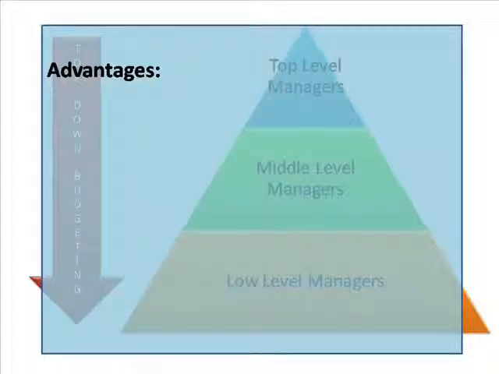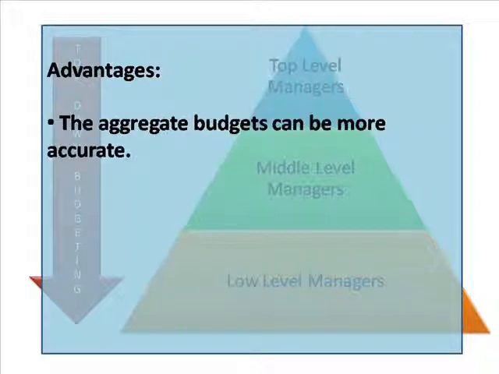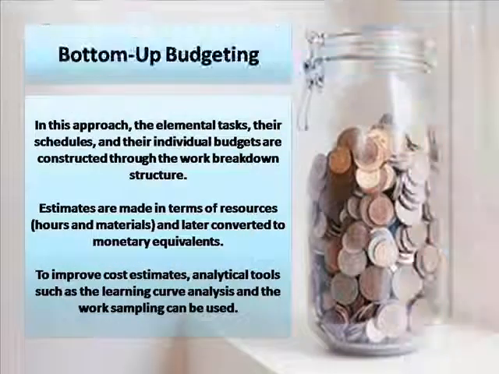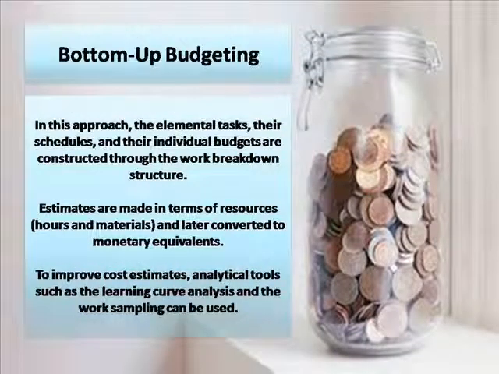One of the advantages in top-down budgeting is that the estimates are more accurate. And the second advantage is a high predictability of the project estimates because of the stability of the total allocation of these budgets. The second approach is bottom-up budgeting. In this method, the individual budgets are constructed through the work breakdown structure.